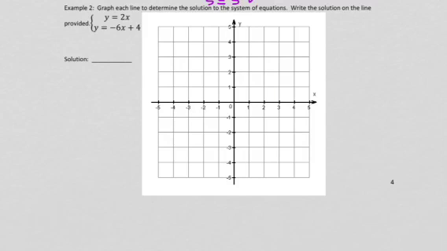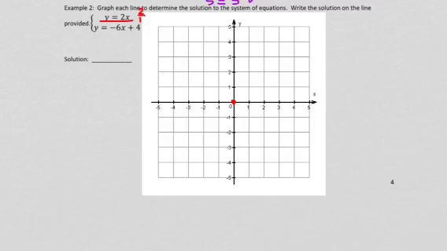Now, in example 2, it's our turn to graph both lines and find the point of intersection. So the first line I'm going to graph in red. y equals 2x is a proportional relationship, so I know it goes through the origin. And my slope is 2 over 1.